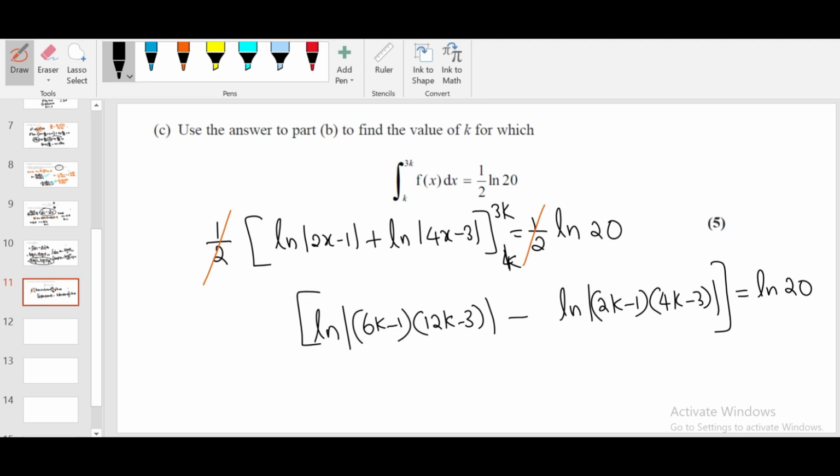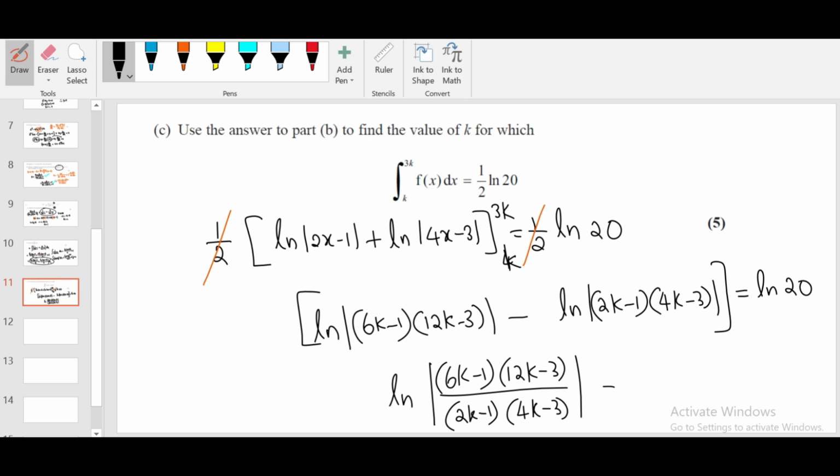Now combine it to a single logarithm: ln of 6k minus 1 times 12k minus 3, divided by 2k minus 1 times 4k minus 3, modulus, is equal to ln 20.